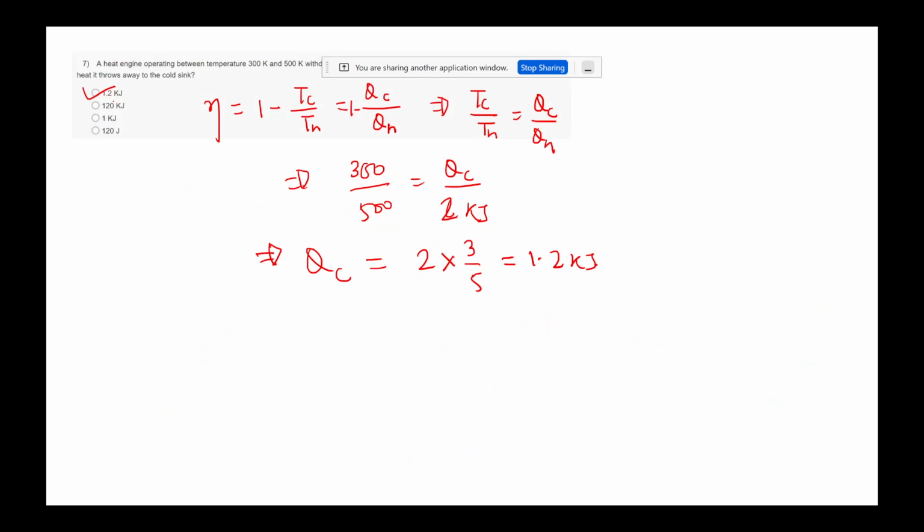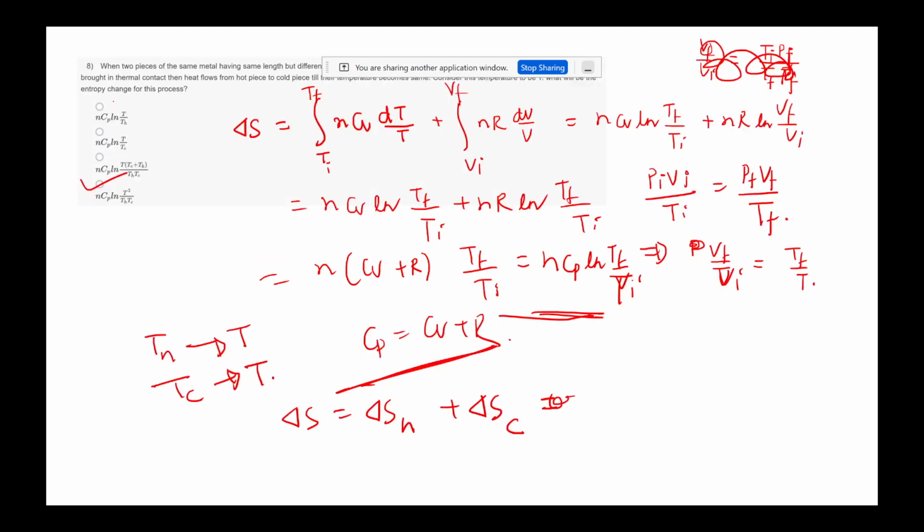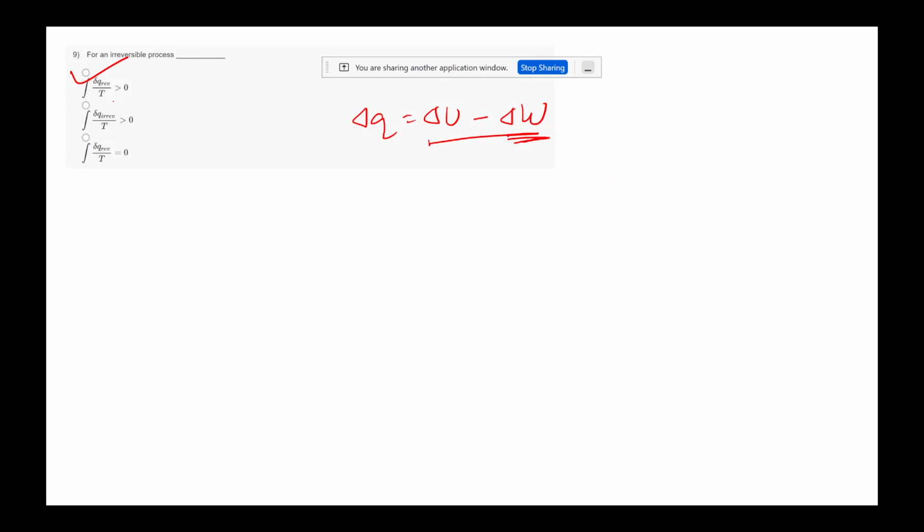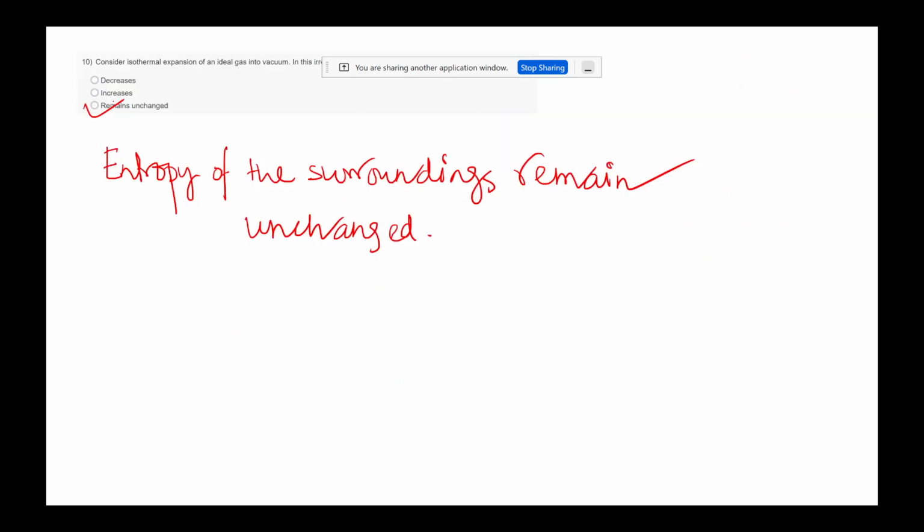And we got to know the basic concepts, and also a similar problem from efficiency, where from the temperatures of the cold and hot reservoirs we found the heat thrown away to the cold sink. Also, if two pieces of the same material are brought to the same temperature in thermal contact, what will be the change in entropy. And for an irreversible process, how we can calculate the entropy.